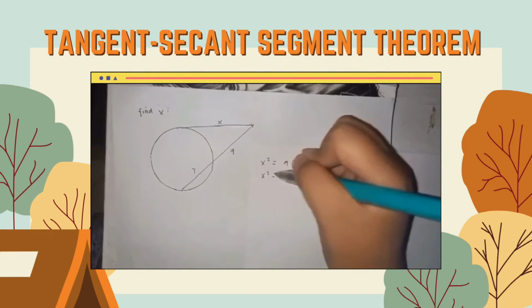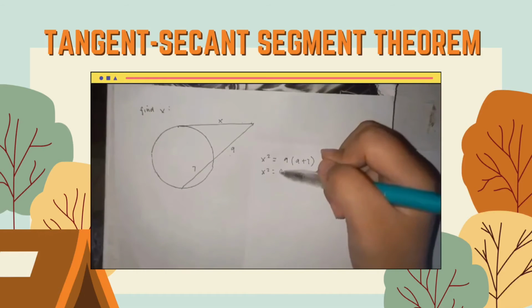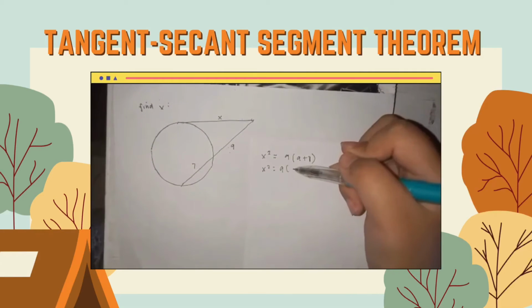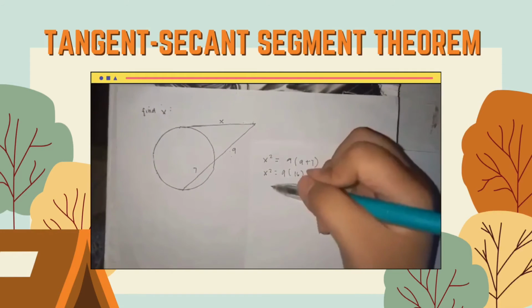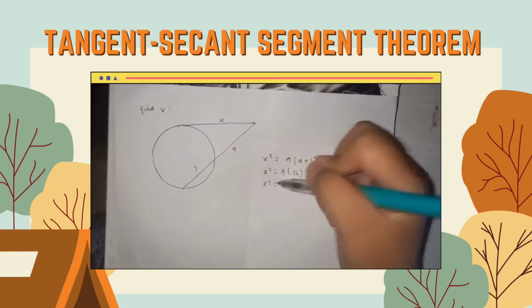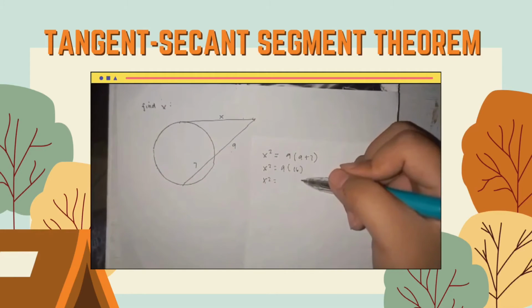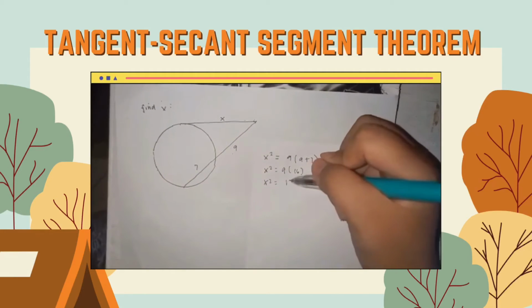So x squared equals 9 times 16, since 9 plus 7 is 16. And x squared is equal to 144.